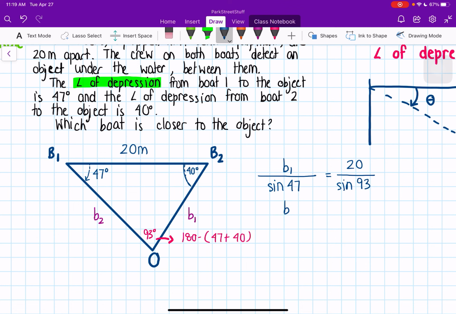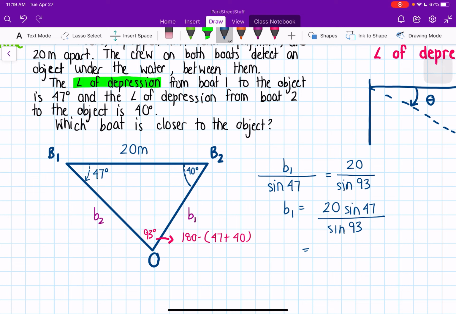That gives us b1 is equal to 20 sine 47 over sine 93 on our calculator.